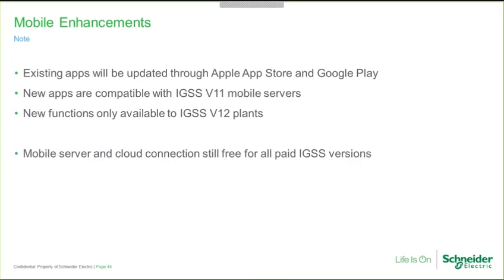You of course don't get the latest functionality, but what you had in your version 11 app will still work. And all the cloud stuff to get this to work is still paid by Schneider Electric. It's part of the package, and it's a lot easier to get this running on a site because you don't have any fees.